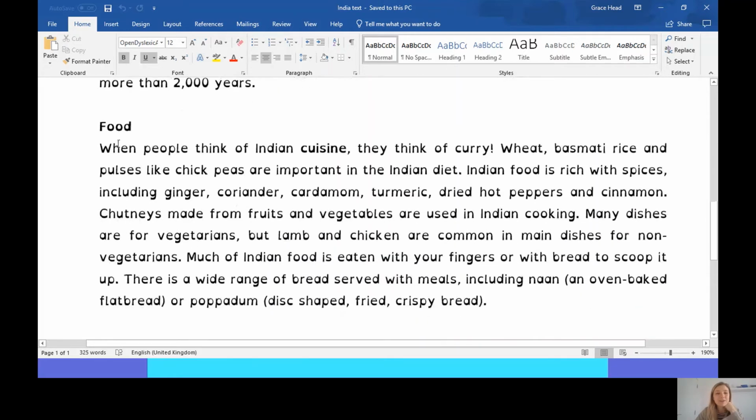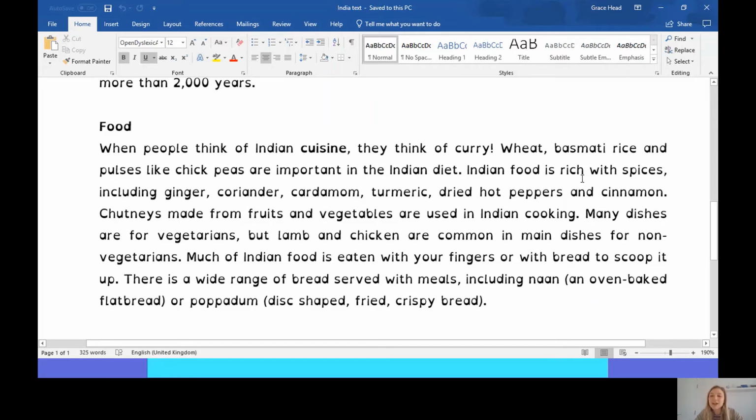Food. When people think of Indian cuisine, they think of curry. Wheat, basmati rice and pulses like chickpeas are important in the Indian diet.